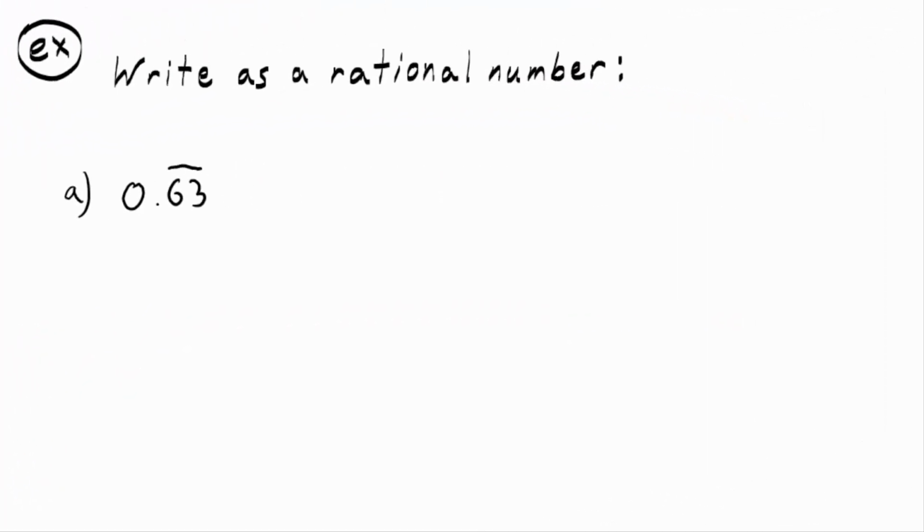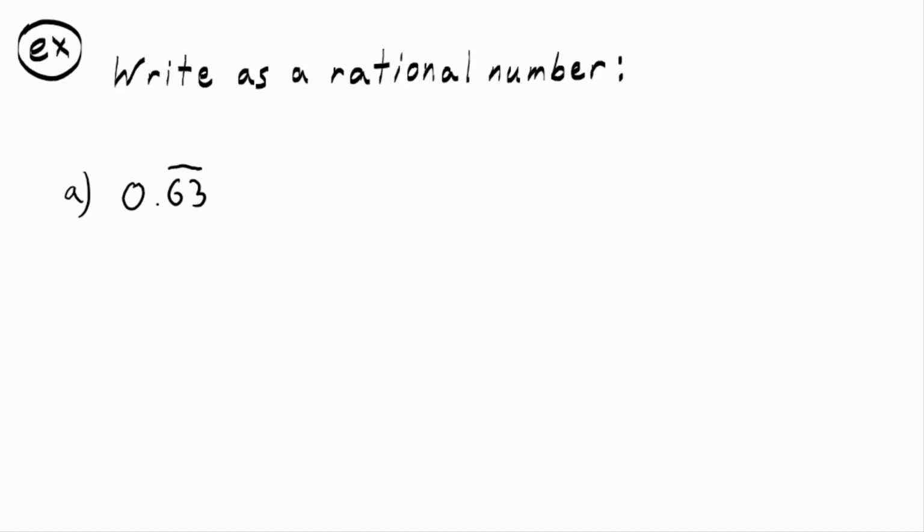So what we just did is the first example really of a problem with these directions: write as a rational number. Okay, a rational number is a number that you can express as a fraction where the numerator and denominator are integers. And for many people, that definition doesn't help.